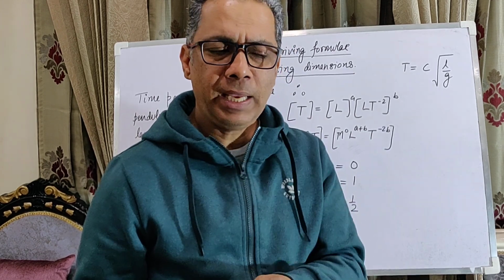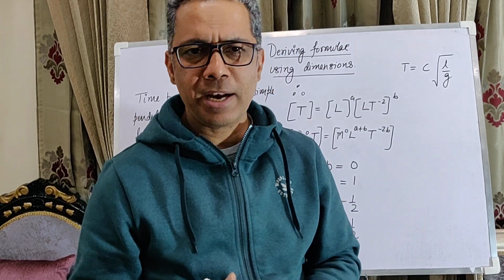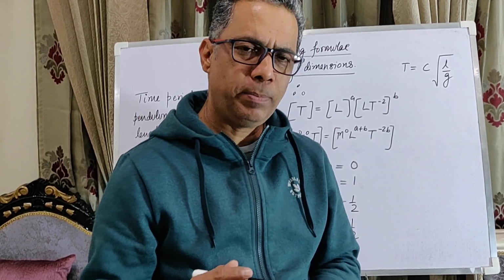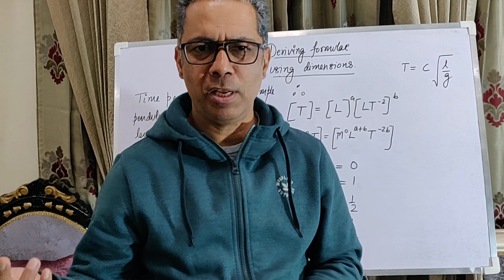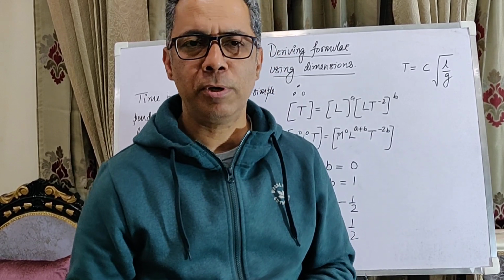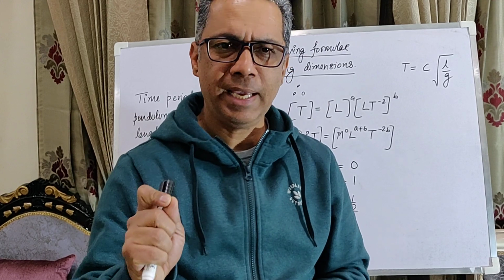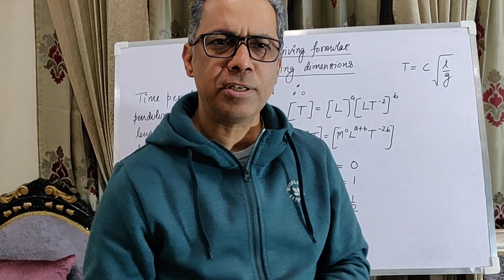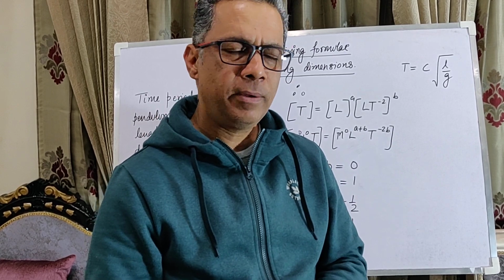Also, formulae which involve addition or subtraction cannot be derived. For instance, the displacement equal to ut plus half at square cannot be derived using dimensions because it involves an addition. So any formulae where addition or subtraction is involved cannot be derived.